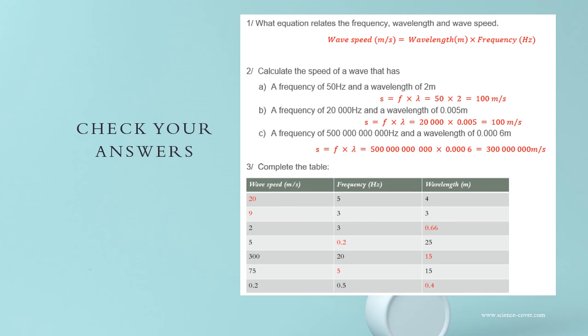Question 3, we have to complete the table. The missing wave speed is 20 meters per second. The second missing wave speed is 9 meters per second. The third missing value is a wavelength of 0.66 meters. The fourth missing value is a frequency of 0.2 Hz. The fifth missing value is a wavelength of 15 meters. The sixth missing value is a frequency of 5 Hz. And the seventh missing value is a wavelength of 0.4 meters.